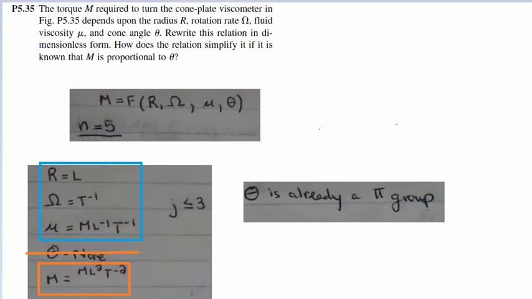And again, from the Buckingham pi theorem, what we're really saying is that a pi group can be expressed as a function of the other pi groups. And here, since n minus j equals 2, we're really saying that the first pi group can be expressed as a function of the other pi group. Remember, the other pi group was simply theta, or the cone angle that we were talking about earlier. We're told an additional piece of information: that the torque is directly proportional to theta.